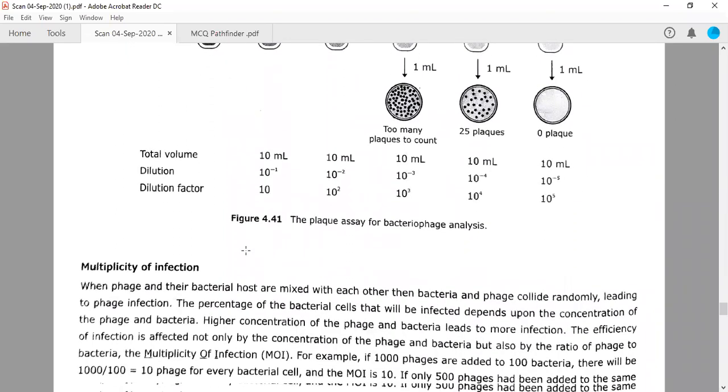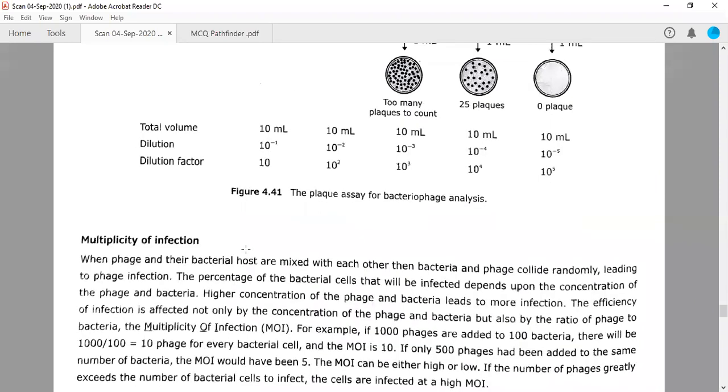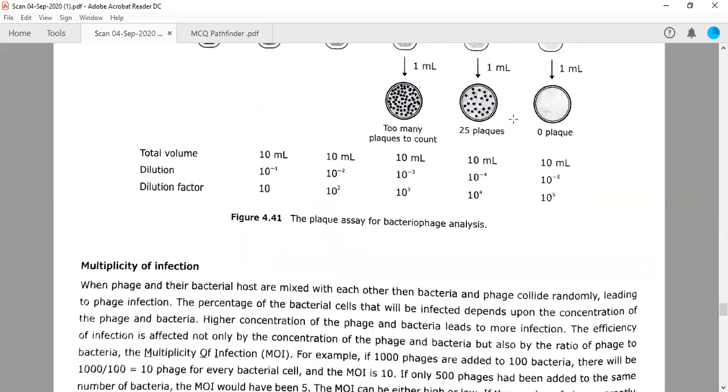Now, one thing is to count the number of viruses in the stock solution. So that's how we will count the number of viruses in our stock, by counting the number of plaques on our culture plate, right? So this is one type of question you will face.